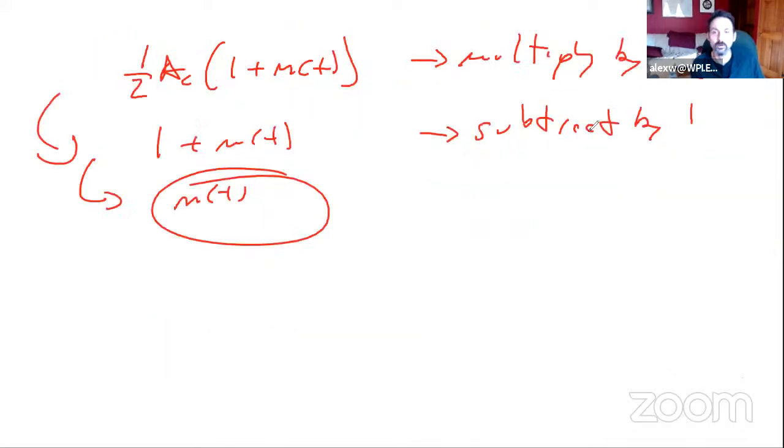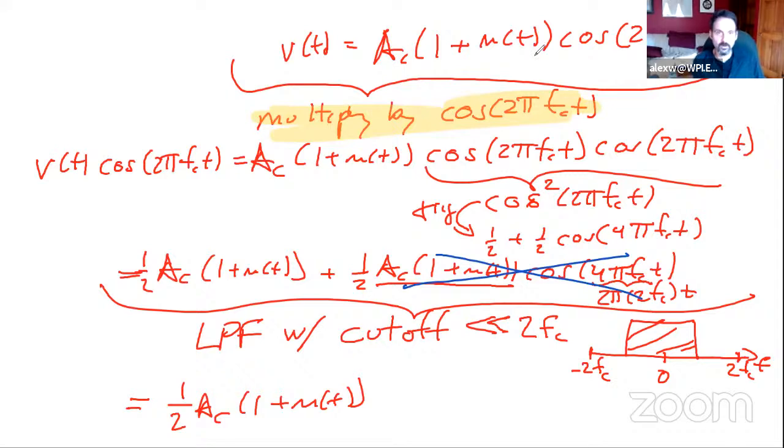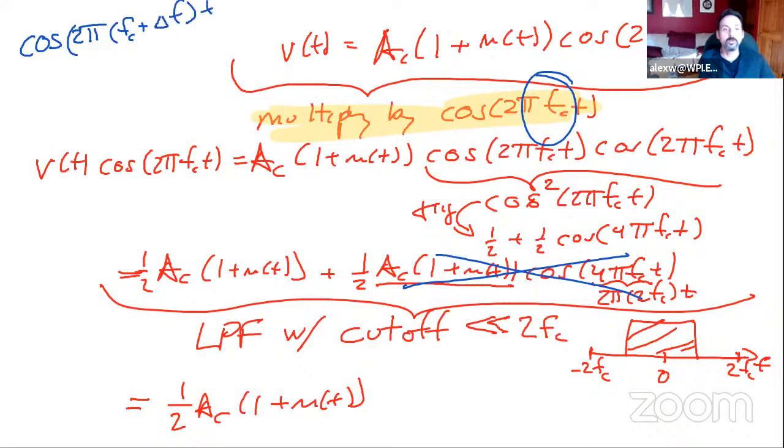What I drew here, I had a very clear understanding that FC in this precise moment, I knew exactly what it is. Otherwise, this thing would be toast. If, on the other hand, I had something like cosine 2 pi, and let's say I had FC plus delta f t, you'll find if you execute this and multiply it with v of t, you'll not get just a DC term.